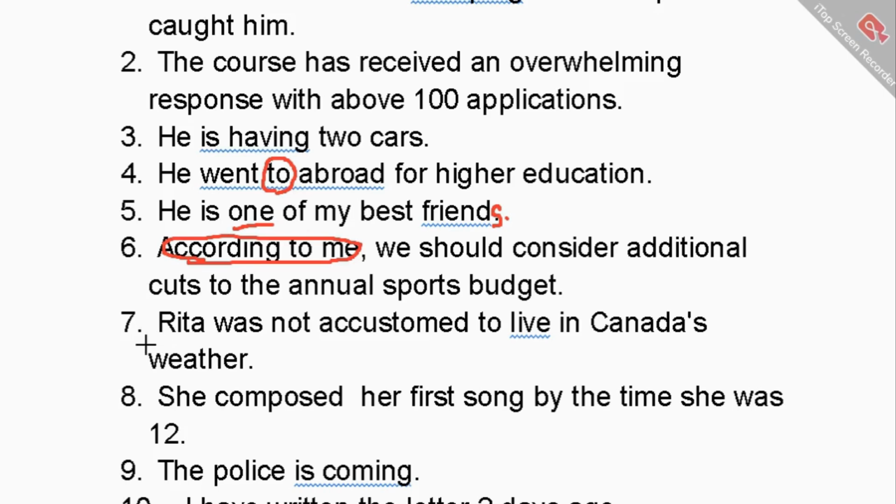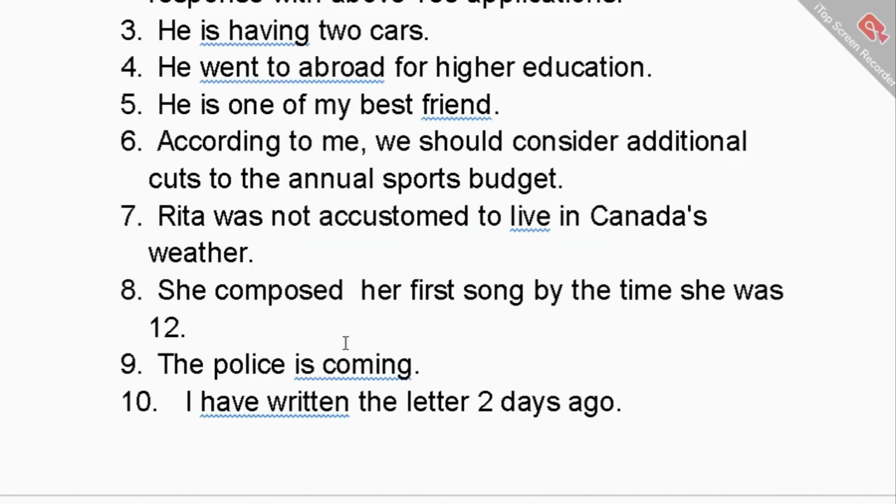Next, the seventh one: Rita was not accustomed to live in Canada's weather. Now instead of "live" we should write -ing, living. Remove this E and add -ing: living in Canada's weather. Now, the eighth one: she composed her first song by the time she was 12.